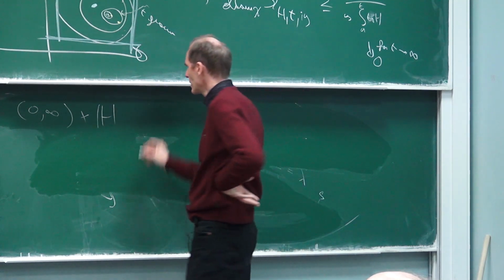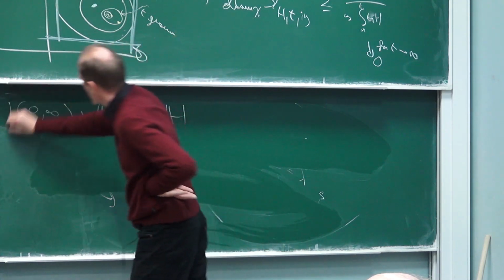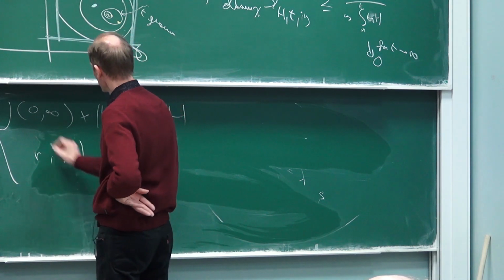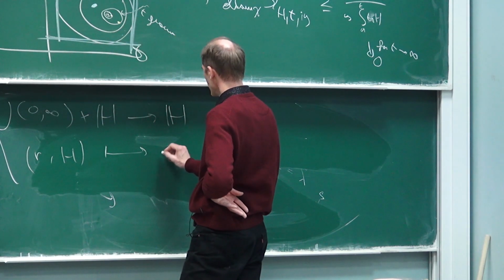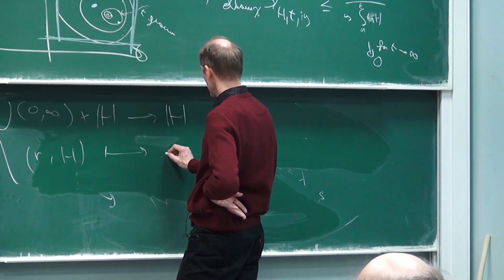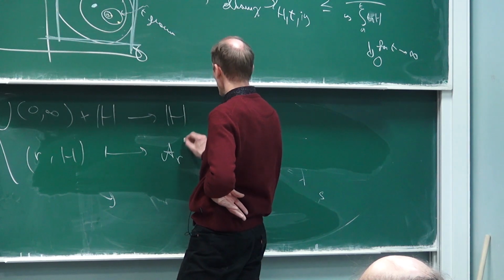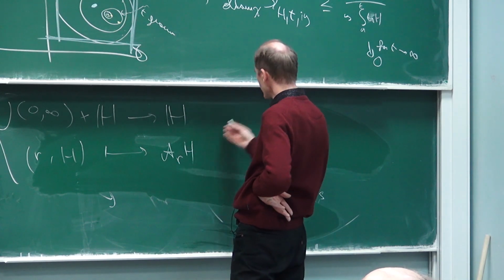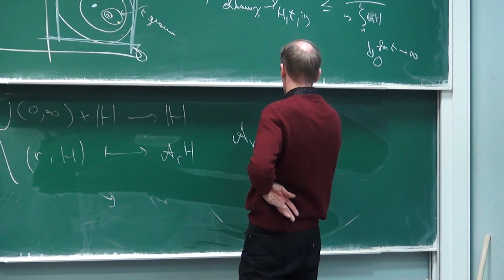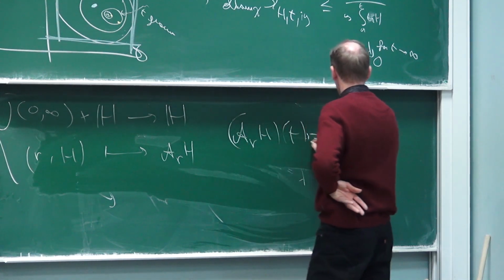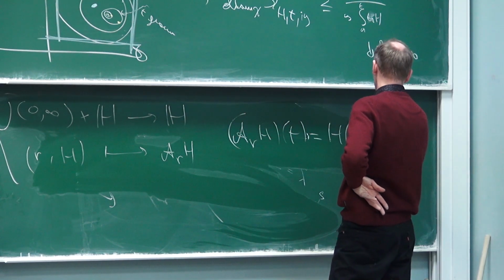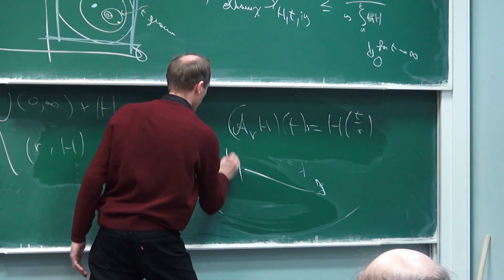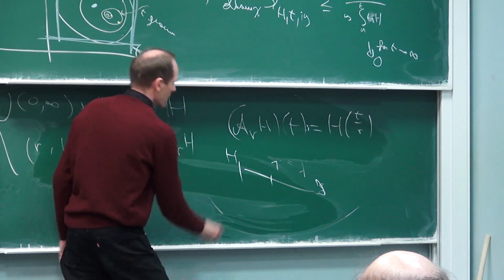And then you have a map. If you have r, a non-negative number, and you have a Hamiltonian, then you map it to a Hamiltonian which let me call it A_r H, the rescaling. What is A_r H? It is a Hamiltonian, defined by rescaling. So what does this mean? You have H, let's say here is 1, and then you rescale.